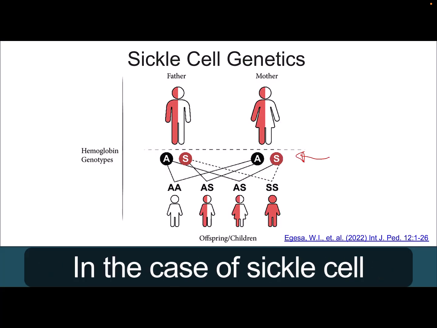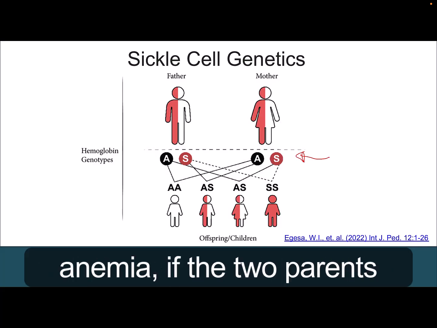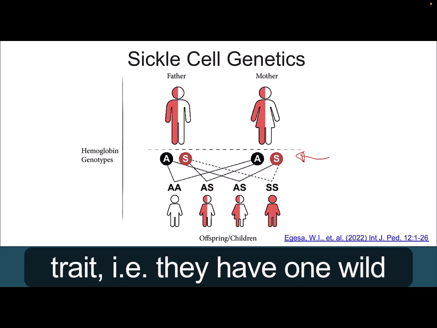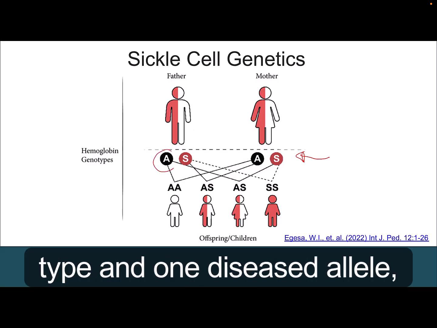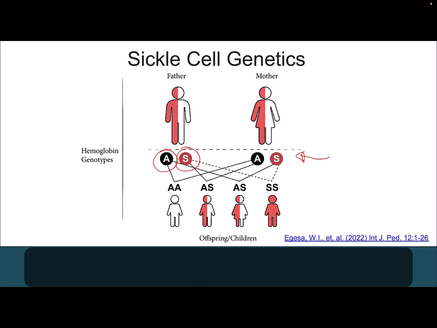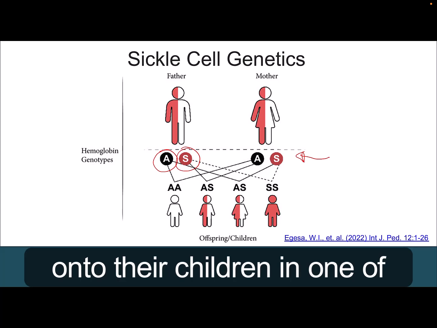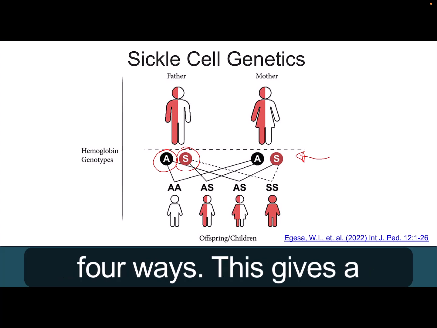In the case of sickle cell anemia, if the two parents each carry the sickle cell trait, i.e. they have one wild type and one diseased allele, they can pass these traits on to their children in one of four ways.